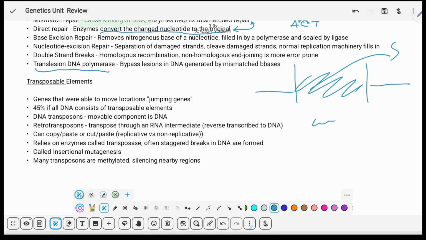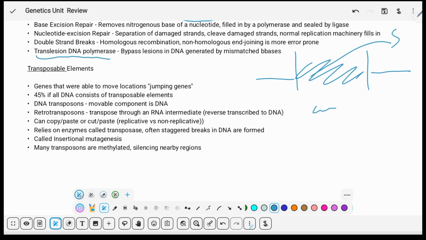We also have transposable elements, and these are genes that basically jump from place to place. Actually, a large percent of our DNA, 45%. And we have DNA transposons, which basically the DNA moves. And there's retrotransposons, where the DNA turns into RNA, which is reverse transcribed back into DNA in a different spot. Sometimes it's copy paste, or sometimes they cut and paste.